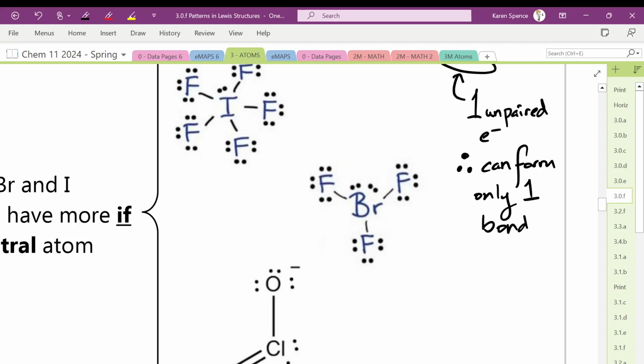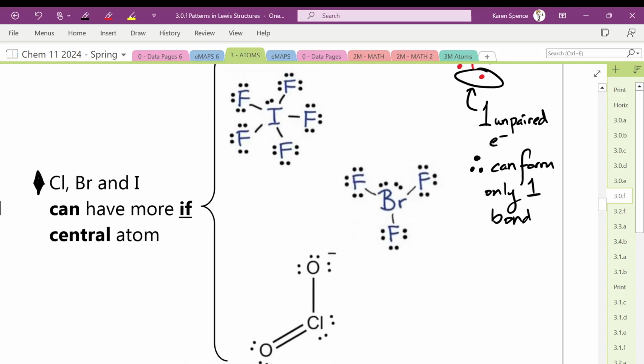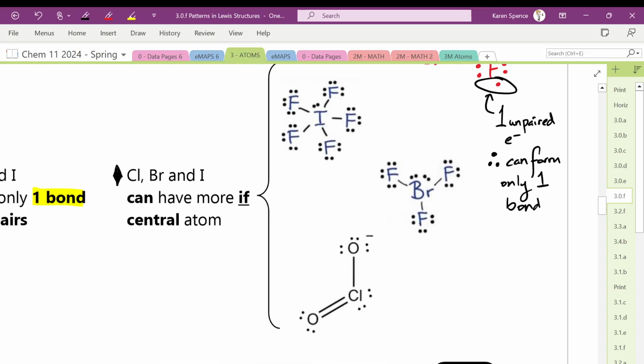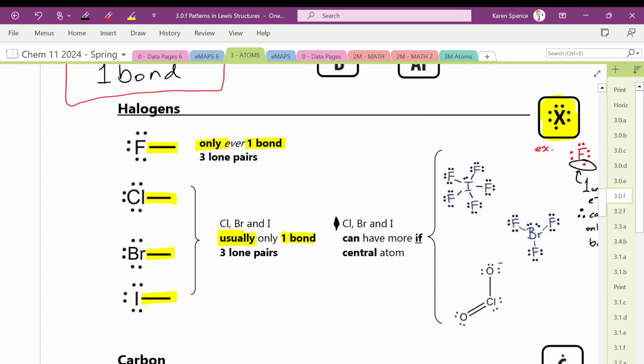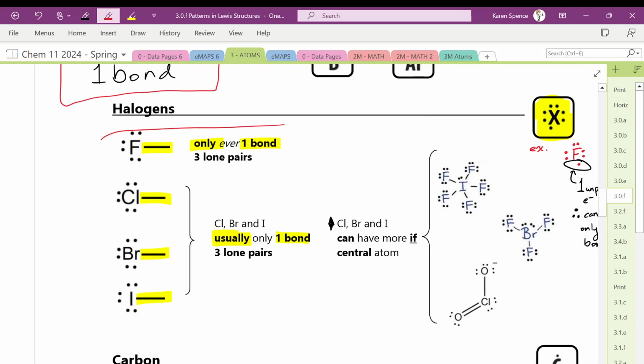For most of you, chlorine can only ever have one bond. But occasionally we can have chlorine with more than one bond. But that's for enriched. For a regular, you just need to know this part.